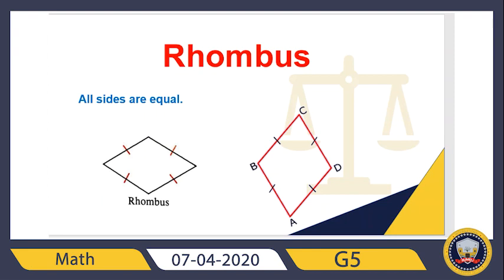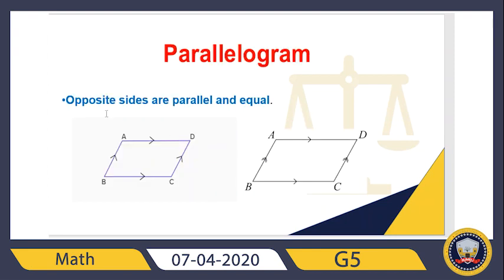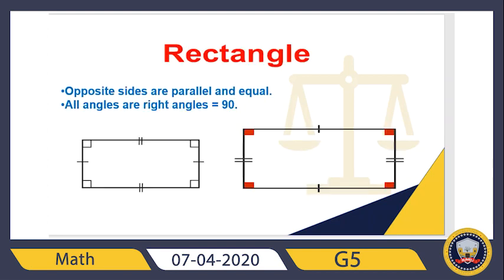Okay, so now again, parallelogram: each two opposite sides are parallel and equal. Parallel and equal, I mean this side and this side, AD is parallel and equal to BC, and AB is parallel and equal to DC. Okay, the rectangle, well the rectangle also has each two opposite sides parallel and equal.